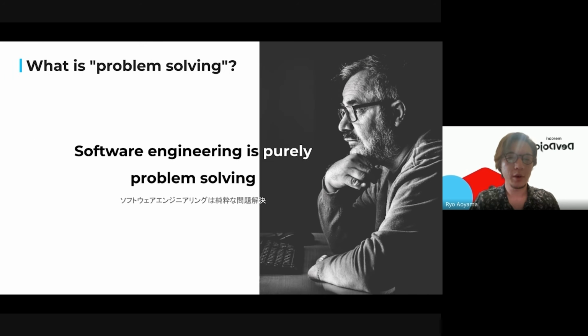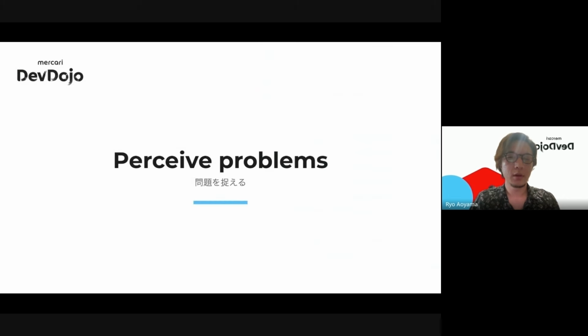Therefore, software engineering is really just all different kinds of problem solving. To solve problems, you have to first understand the problem properly.